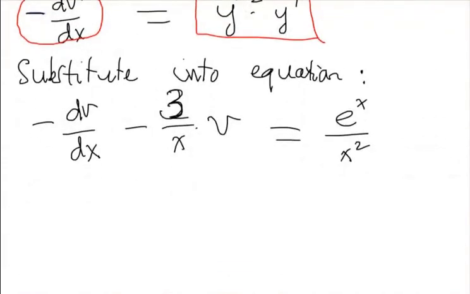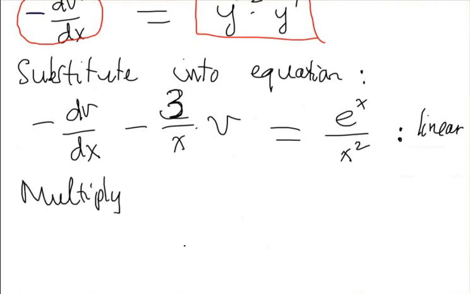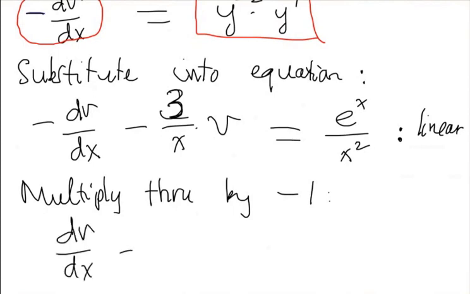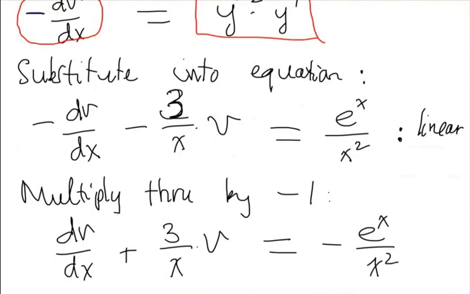As before, we have a new equation, linear with the unknown v, but it's not in standard form yet because we have minus dv dx. We need to turn the coefficient here to 1. So we could say multiply through by -1. Then we turn it into dv dx plus 3 over x v equal to minus e to the x over x squared.